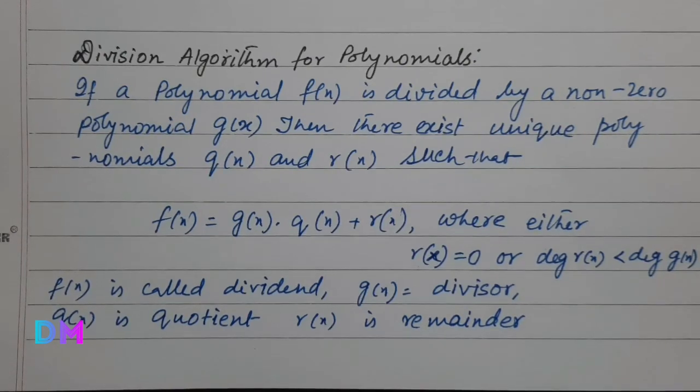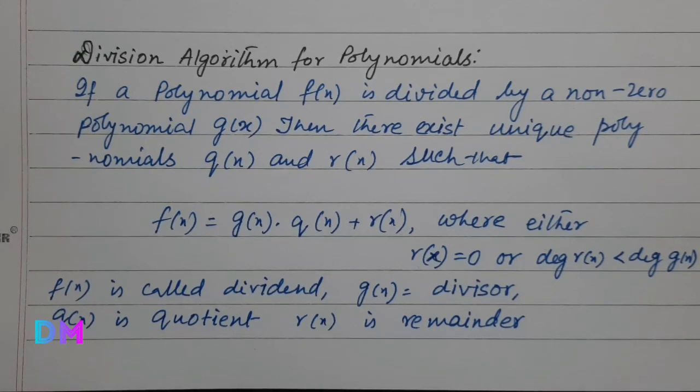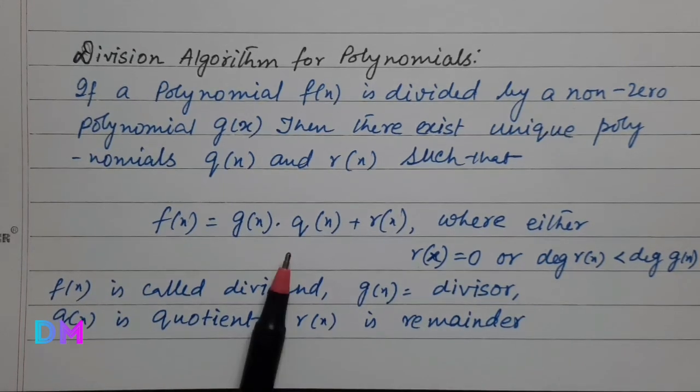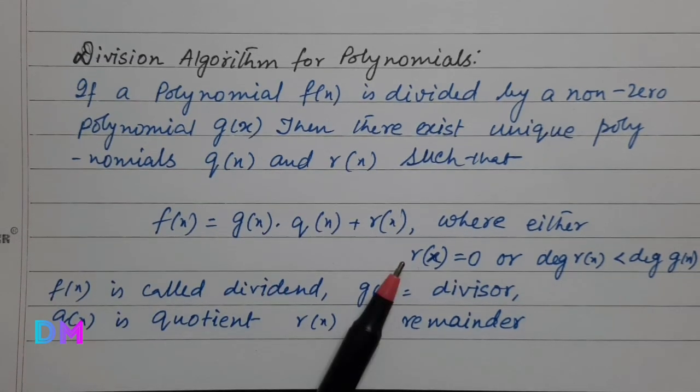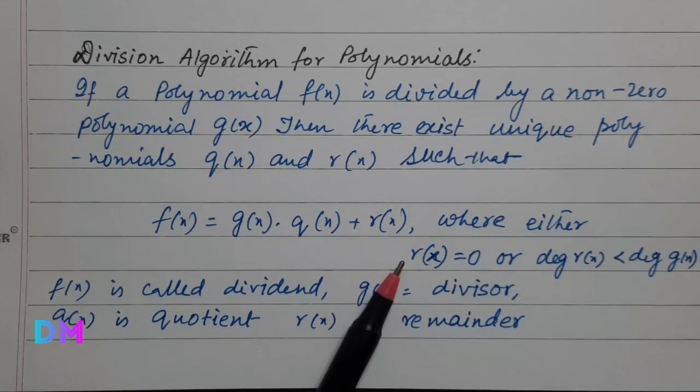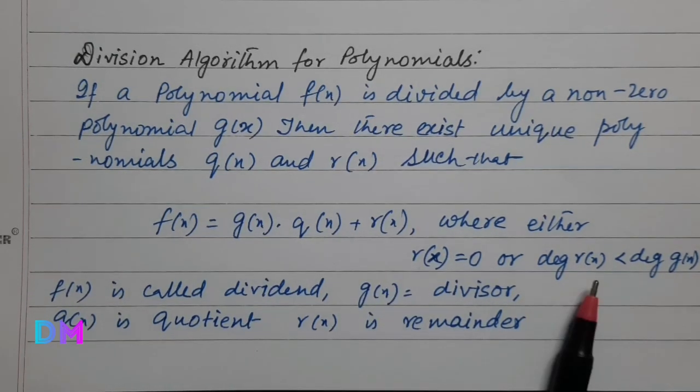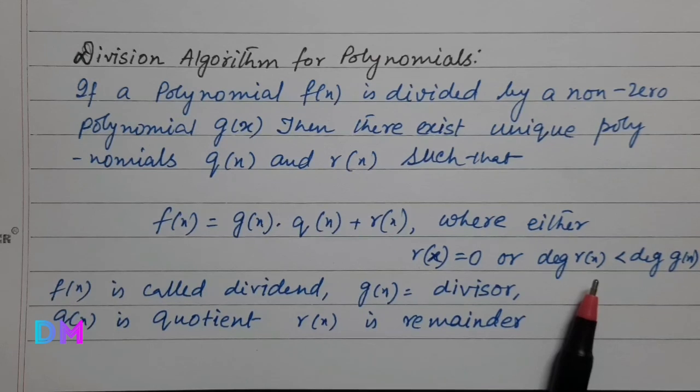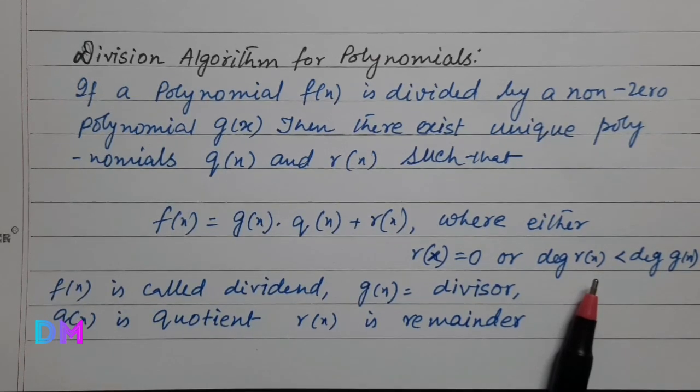Now let us talk about the division algorithm for polynomials. It is given that if a polynomial f(x) is divided by a non-zero polynomial g(x), then there exist unique polynomials q(x) and r(x) such that f(x) equals g(x) into q(x) plus r(x), where r(x) is either a zero polynomial or the degree of r(x) should be less than the degree of g(x).